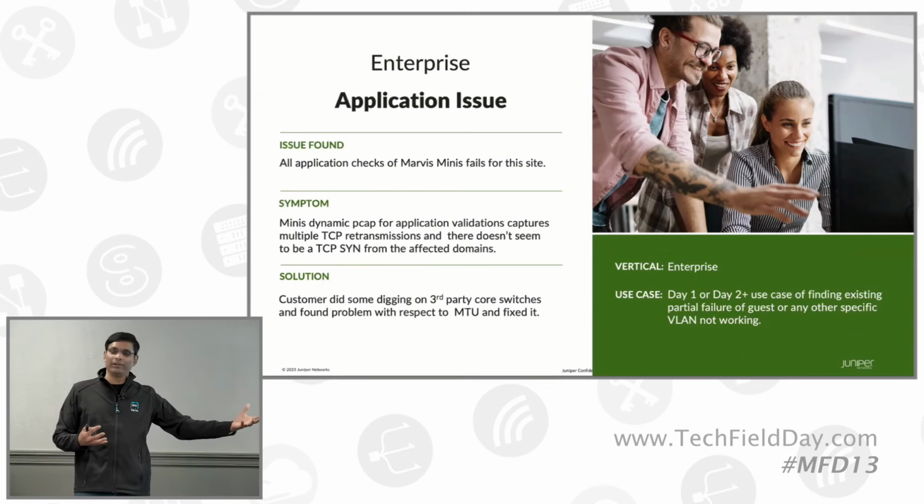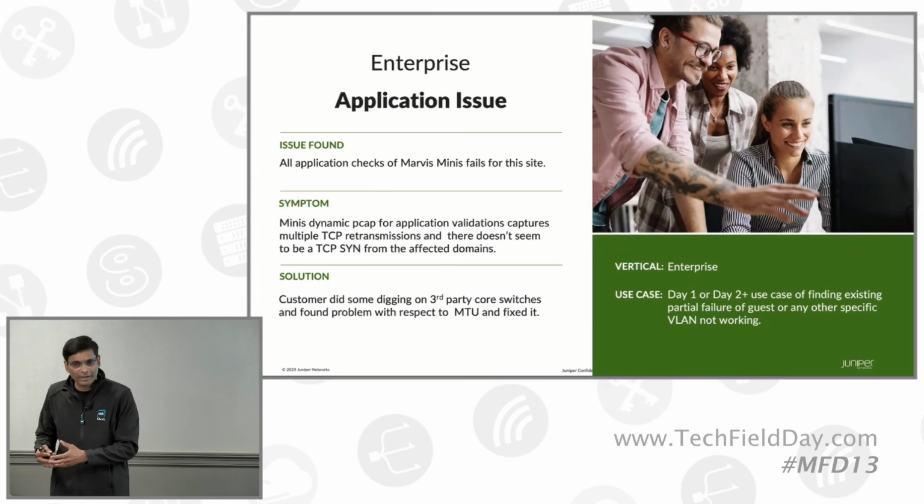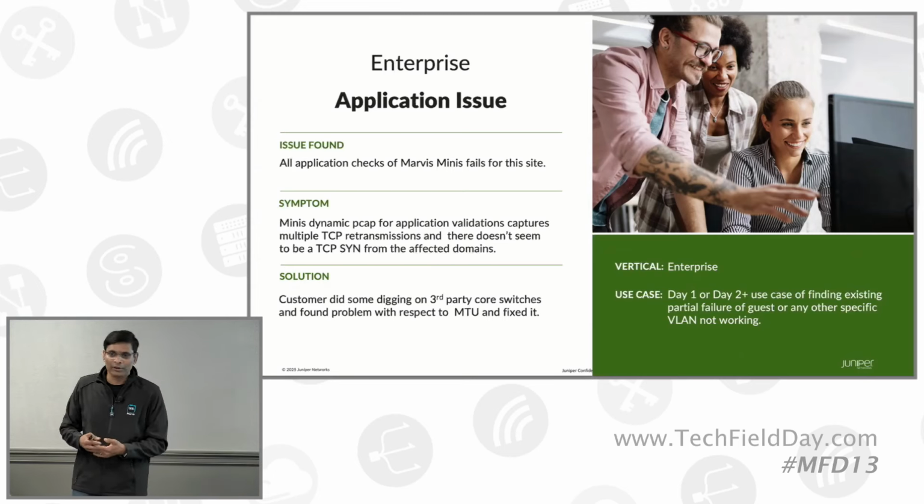They were saying, well, nobody really opened a ticket yet. Again, every Marvis Minis failure has a dynamic packet capture waiting for you. Imagine having the video footage of every crime committed in the world, and this is not even a real crime. It's a simulated crime committed in the world. We have the video footage waiting for it. So they went back, and a good old MTU problem actually turned out to be what was causing this.